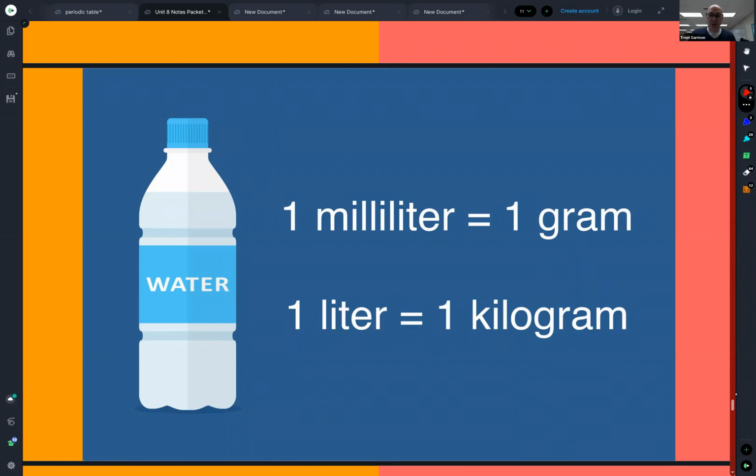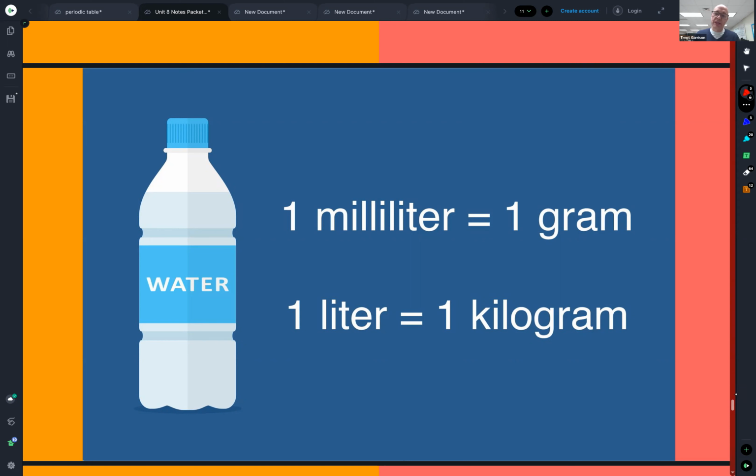All right. One of the details that you need to remember, though, is that sometimes they're going to give you these solvent values because it's water and we don't generally measure water in grams. They're going to give them to you as milliliters. Well, for water only, it only works for water, 1 milliliter equals 1 gram.